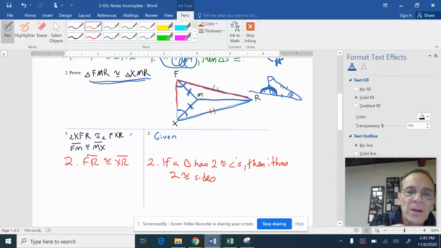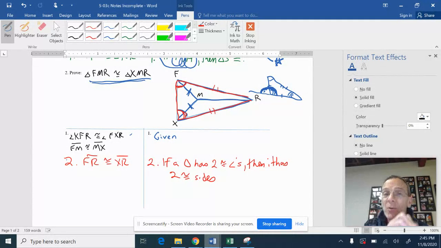It's this triangle here. Triangle RFX. You see that angle that was given to us and that other angle that was given to us, they are angles of that big red triangle that I just highlighted. So that big red triangle has 2 congruent sides in it.